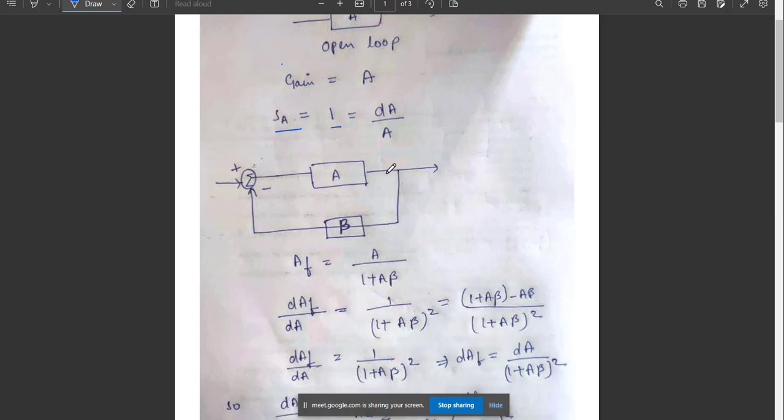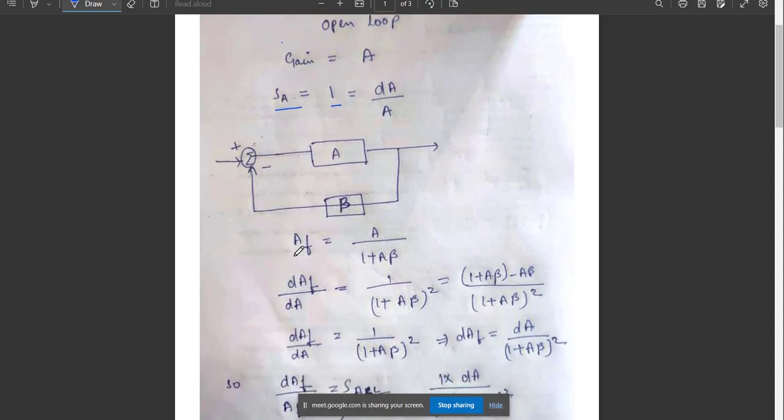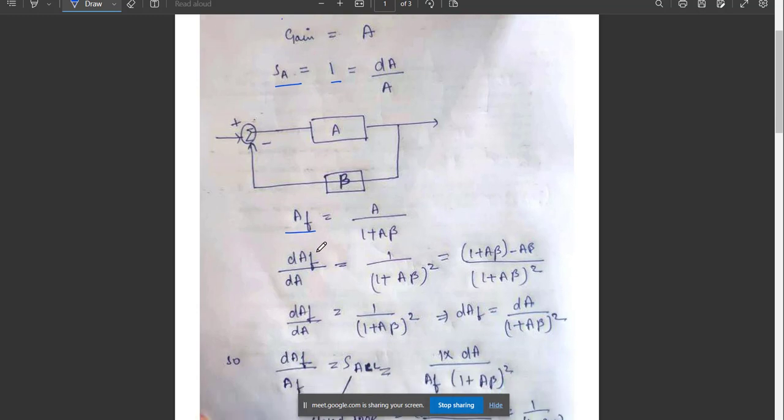Now let's make a closed loop with the system's gain equal to A and the feedback gain equal to beta. So the total overall gain will be A upon 1 plus A beta. Now we'll do dAf by dA, differentiating A upon 1 plus A beta, and we get 1 plus A beta whole square in the denominator, and in the numerator 1 plus A beta minus A beta.